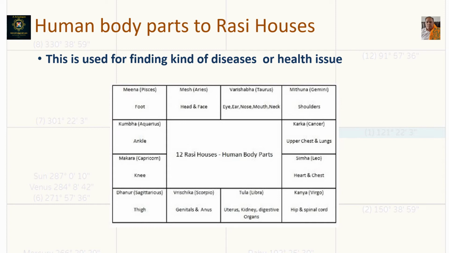Kanya Rasi is hip and spinal cord. Tulam Rasi is uterus, kidney, digestive organs. Vrichika Rasi is genitals and anus. And Dhanusu Rasi is thigh, Makara Rasi is knee, Kumbha Rasi is ankle, and Meena Rasi is foot. So this is used to find out where the disease will come in the body.